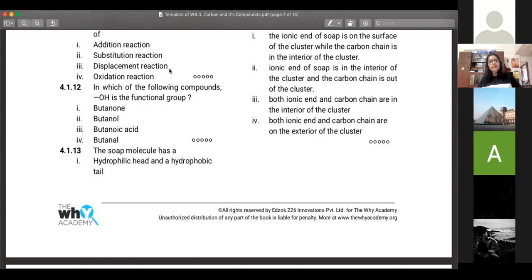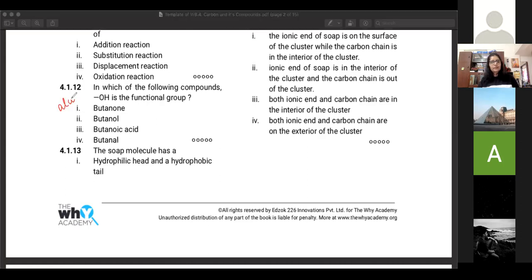Nikki got it. Another hint for whoever has not answered yet: OH is alcohol. So alcohol means, what should be the name? Ananya, yes. Anirban, have you corrected your answer? Not yet, okay. This is a direct question. We have made notes about this and we revised it today also.